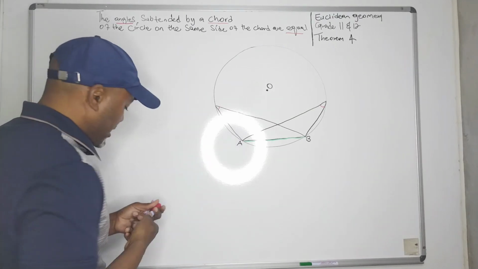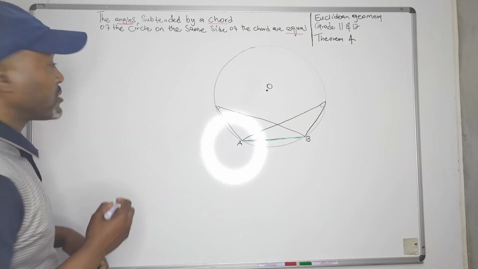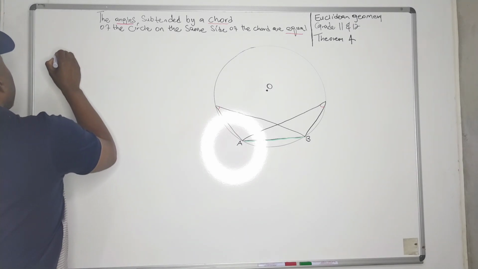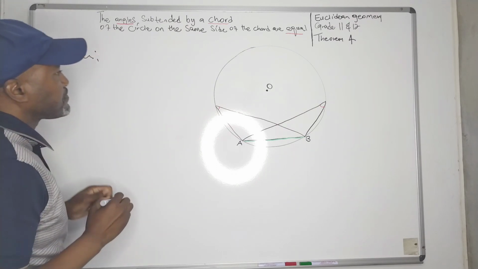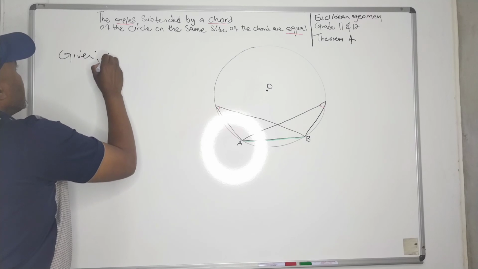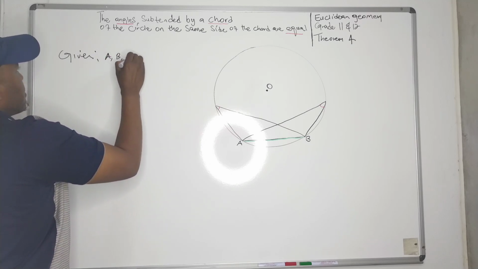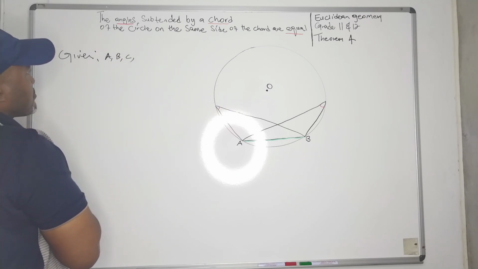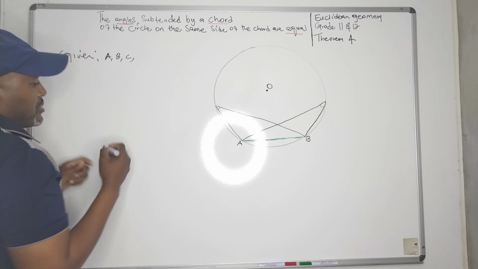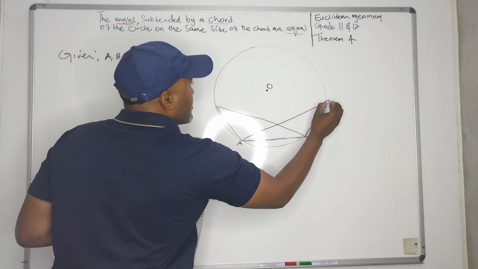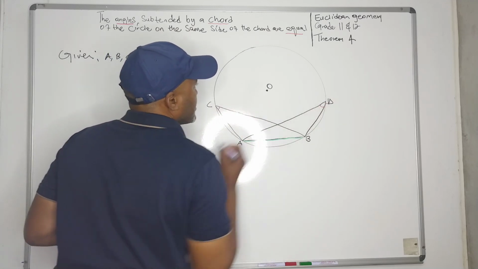So now let's prove that indeed the angles are equal. We are given A, B. Let's name this angle here C, and that one is D, right?